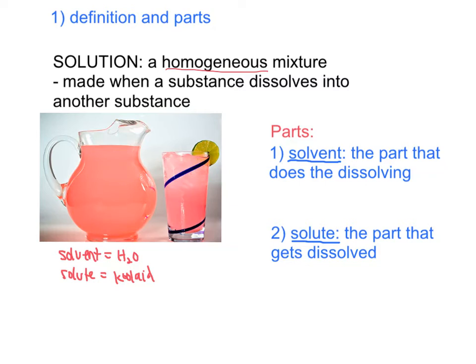You should know that usually there's only one solvent, but sometimes there's more than one solute. And the solvent is usually the component that there is more of. So in our Kool-Aid example, there's usually more water than there is Kool-Aid. That makes the water the solvent.